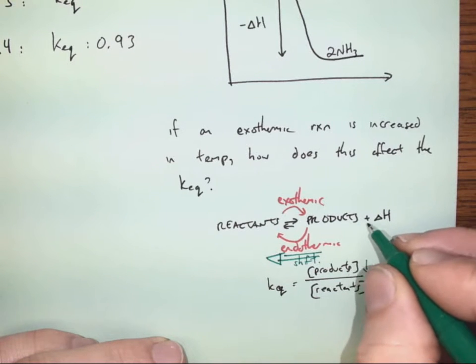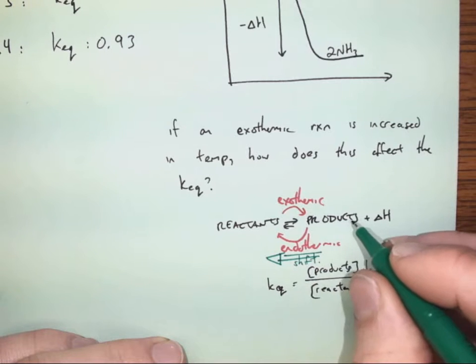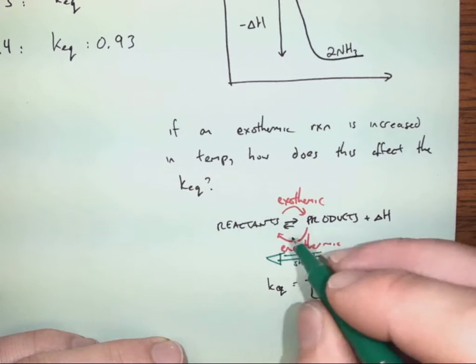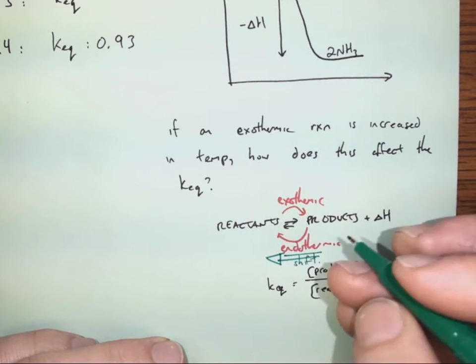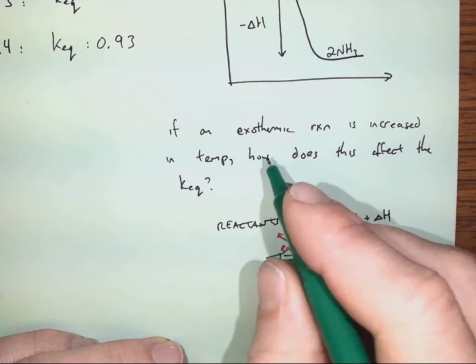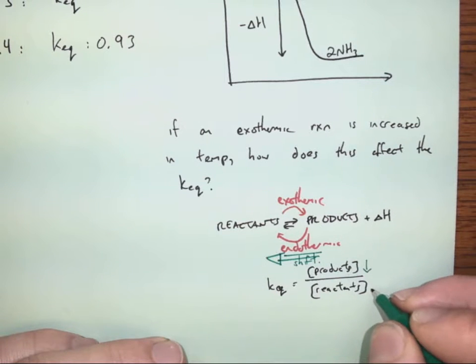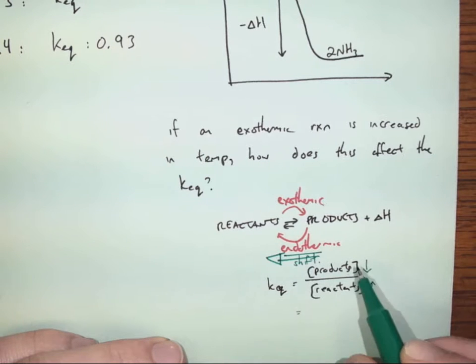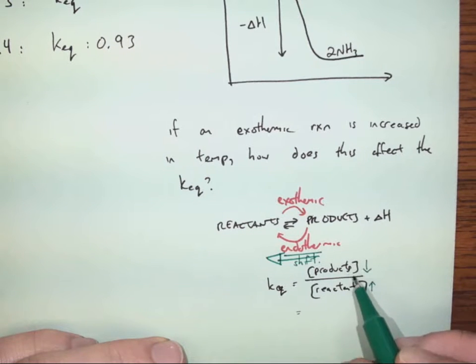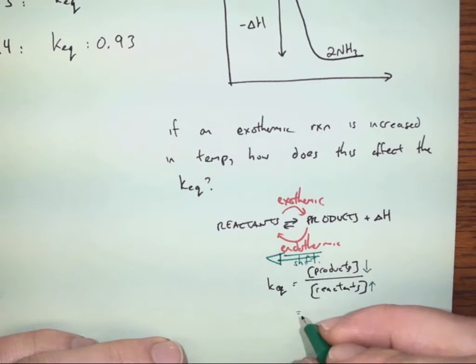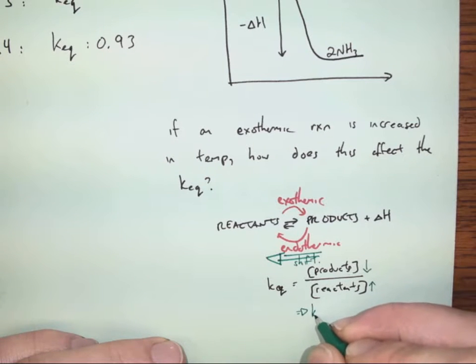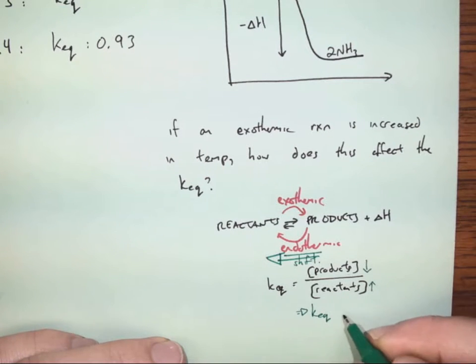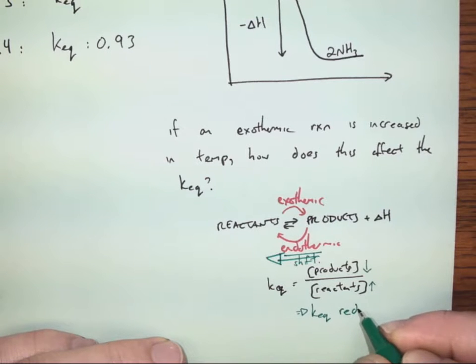Because some of these products are going to combine with some energy and turn them back into reactants, removing some of the energy from the system, trying to undo this increase in temperature. So products are going to decrease and the reactants are going to increase. And the result of a fraction where you shrink its numerator and grow its denominator is that KEQ is going to reduce.